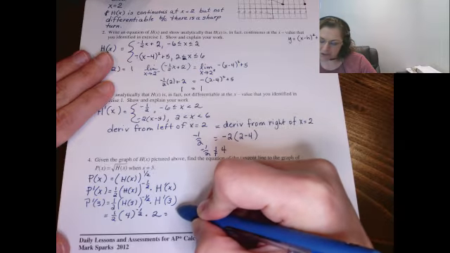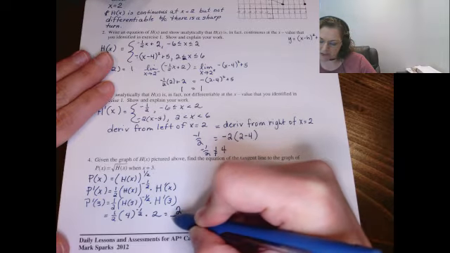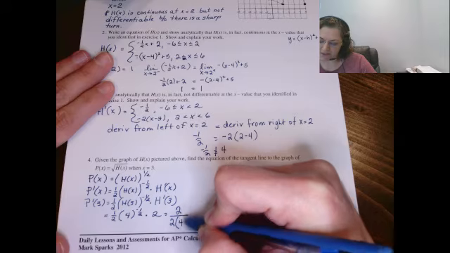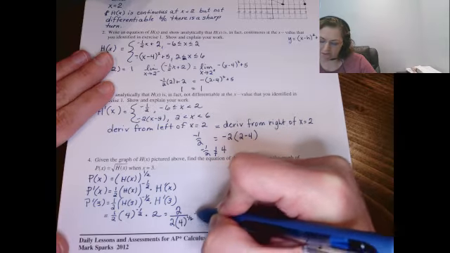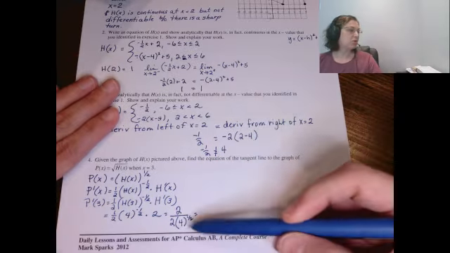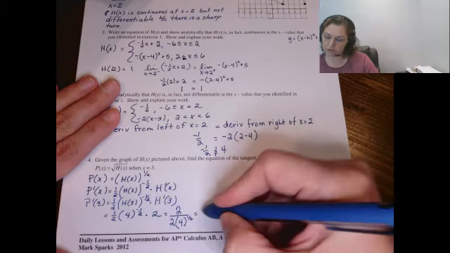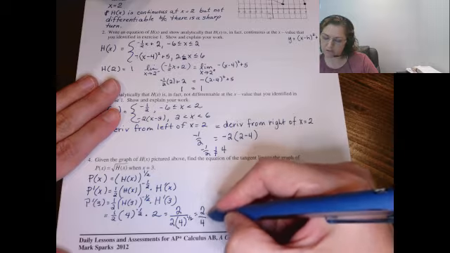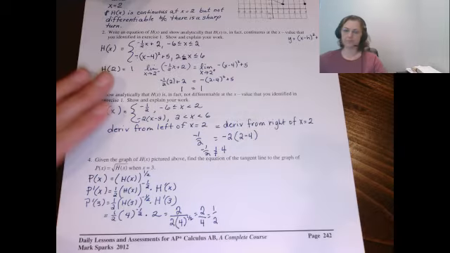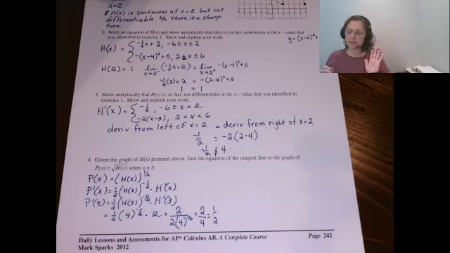I've got 2 on top, I've got 2 on the bottom, and I've got 4 to the 1/2 on the bottom. So the square root of 4 is 2. 2 times 2 is 4. So I've got 2/4, which is 1/2. So I know my slope is going to be 1/2.